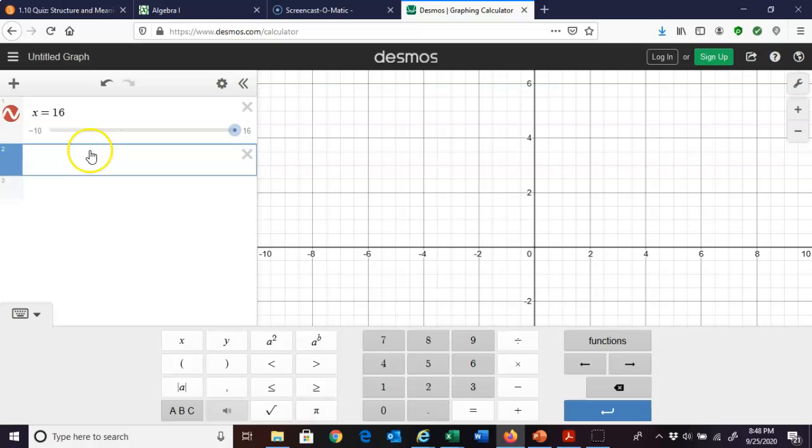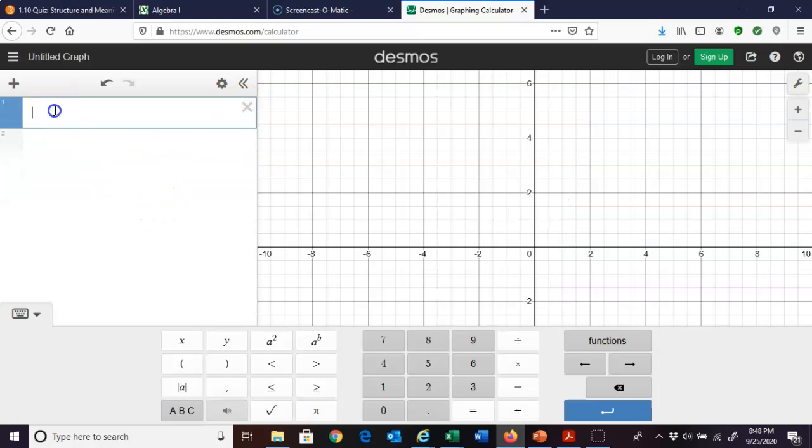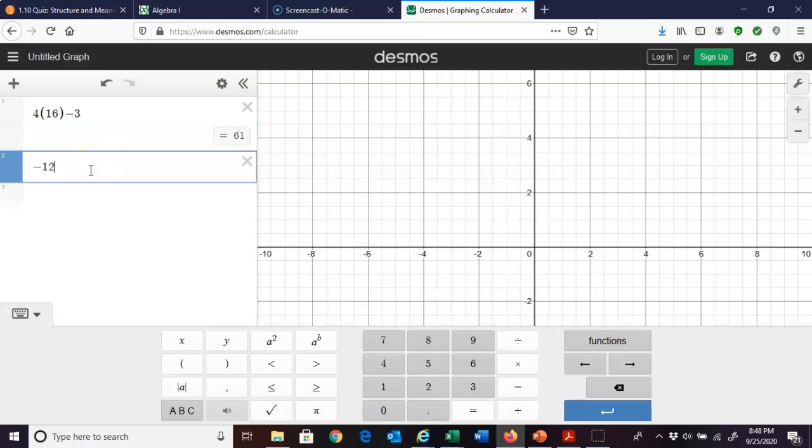Okay, let's try writing 4x minus 3. Yeah, so I can show you guys this on the other scientific calculator. For now, let's just plug in the 16. So 4 times 16 minus 3, and it gives us 61. And then the right-hand side, whoops, gives us negative 179.